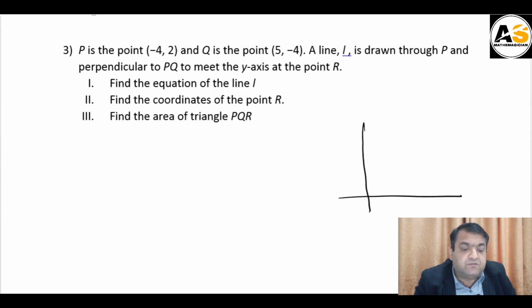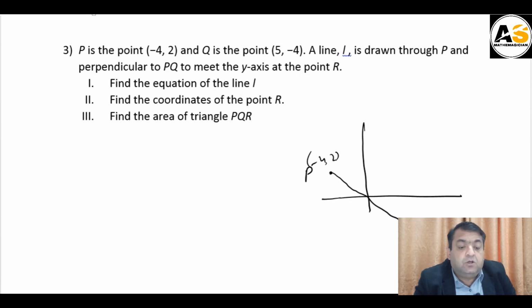First point is minus 4, 2. It will be somewhere over here. I'm just putting a rough sketch. Second point is 5, minus 4, x is 5, y is minus 4, it will be somewhere like here. So this is point P, this is point Q, and this will be line segment PQ.